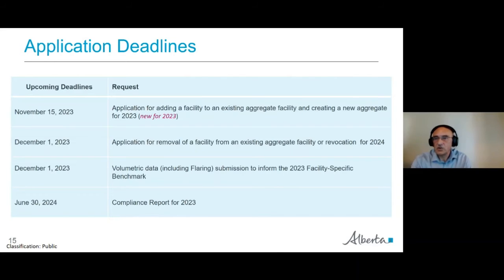December 1 is also a deadline to submit volumetric data with flaring to inform the 2023 facility-specific benchmark. And of course, June 30th of 2024 will be the deadline for compliance reporting for the current 2023 year.